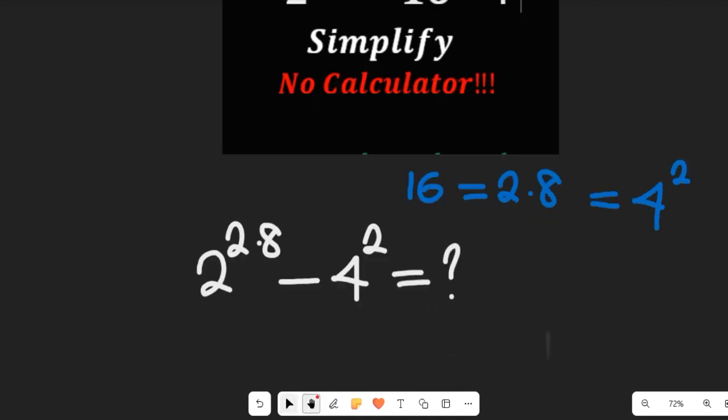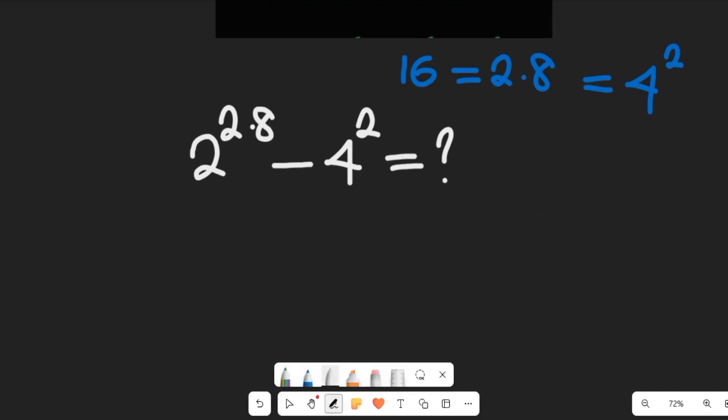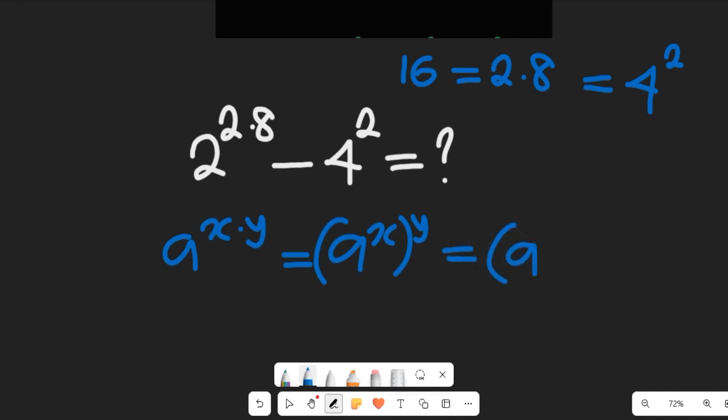Now I want to draw your mind back to an algebraic expression. In that algebraic expression, I want you to note that this is more of an indical expression. If I have a to the power of x multiplying y, this expression can give me a to the power of x, y, I in-house x, I'll take y out, or this can also be equal to a to the power of y, I in-house y as a power, I'll take x out.